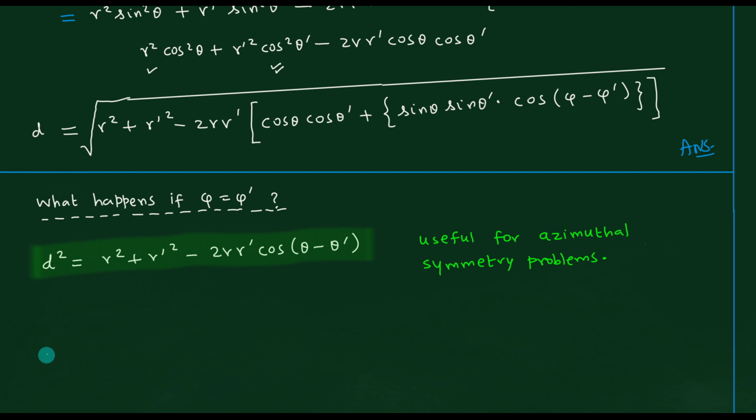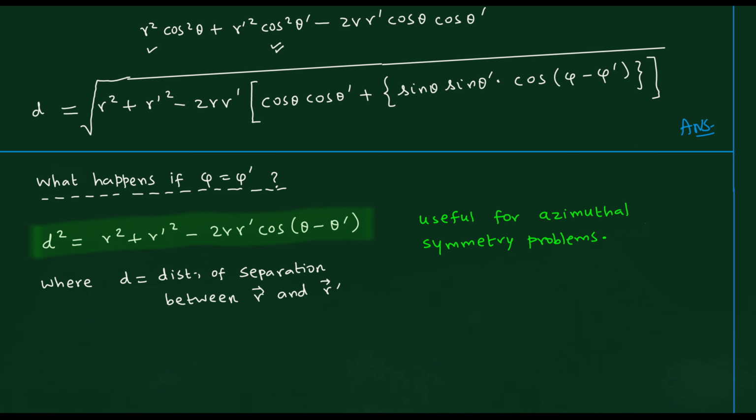So now that the expression is written for d square, I always want to emphasize that there is a square root. Okay, your mind should register that there is a square root running there. So that is why you should remember that d means distance, in which case the square root has to come. So I would therefore want to write down explicitly that d is the distance, not the d square.